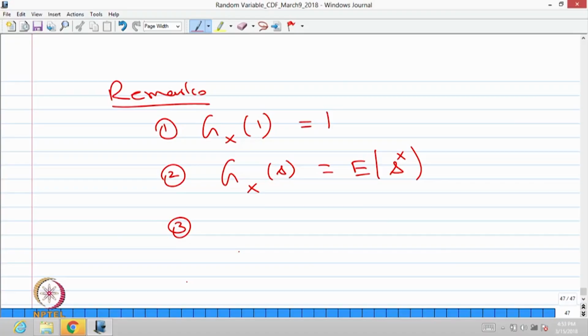Third remark, one can relate the probabilities with the derivative of a generating function.